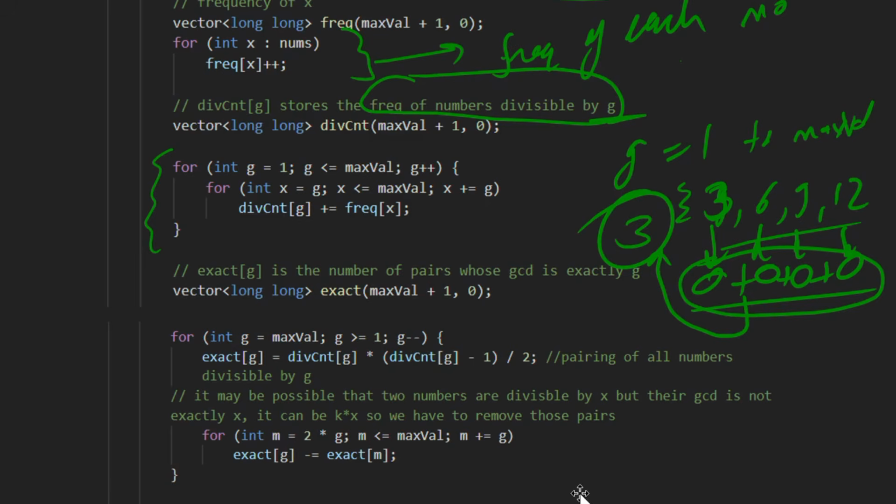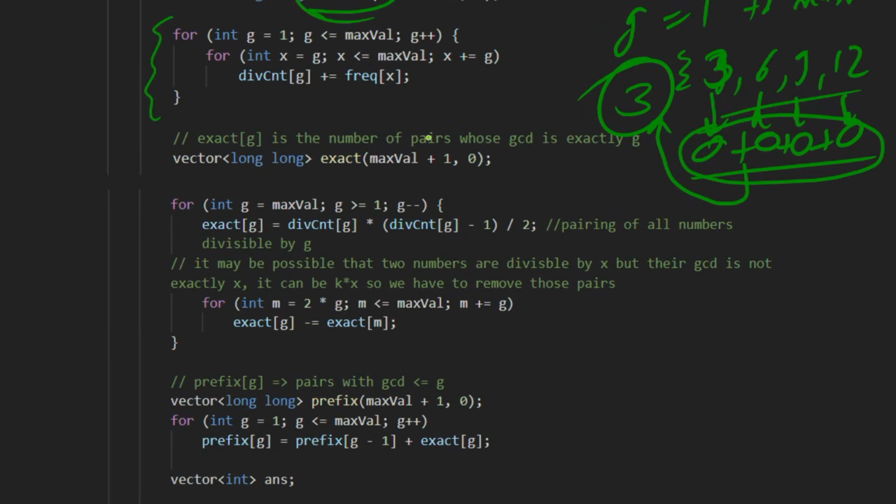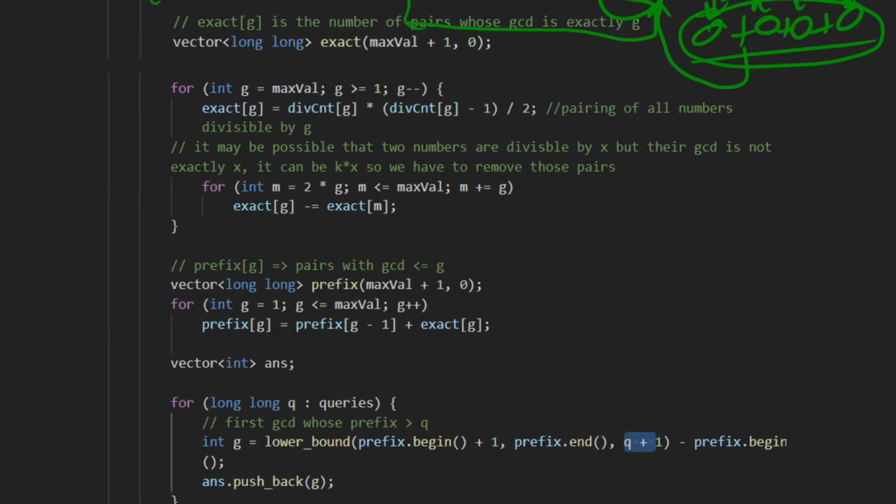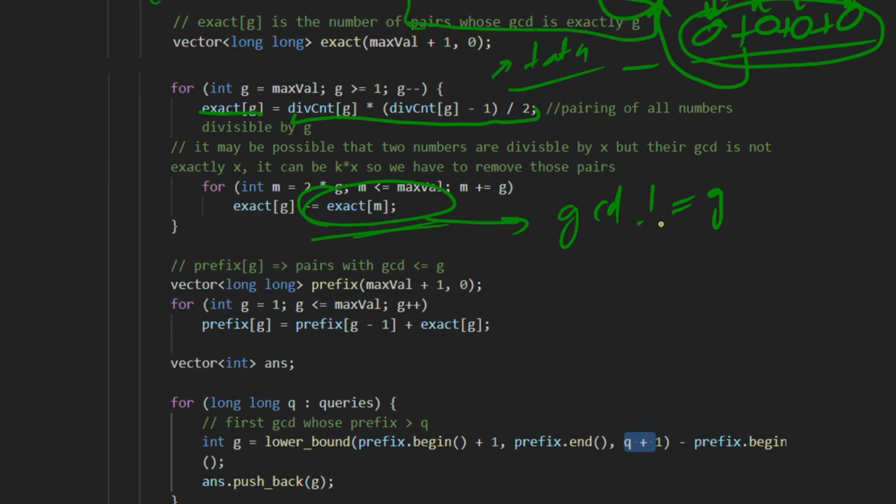Once we get the div count, the next thing we need to find is the number of pairs whose GCD is exactly g. Exact of g is basically the total pairs divisible by g, minus those pairs whose GCD is not equal to g.